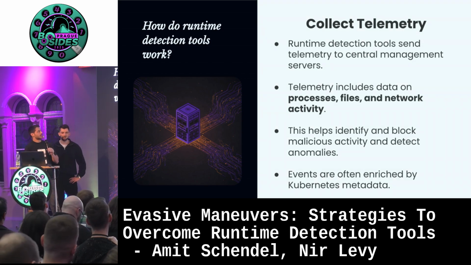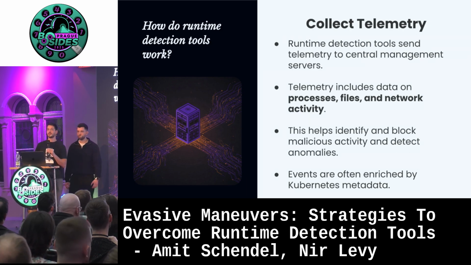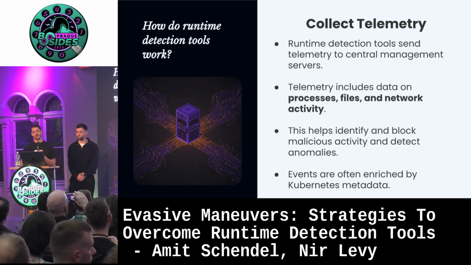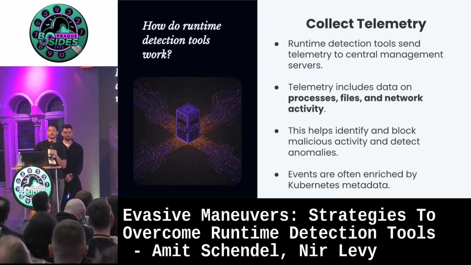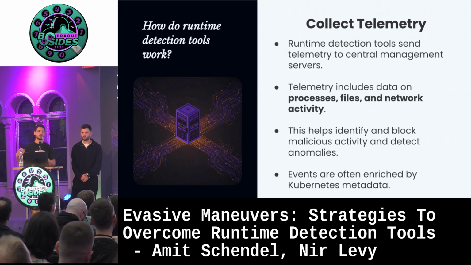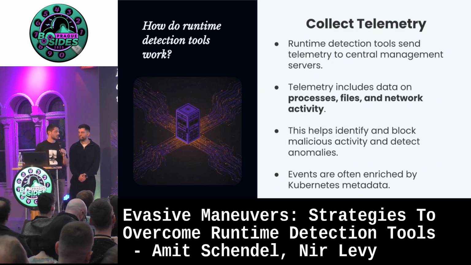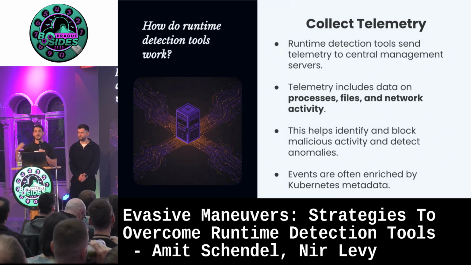So the first part is the telemetry collection, and we are going to focus today on runtime detection tools that are running on the host, mainly, not like API security and those sorts of things. The main telemetry being collected from the operating systems are things like processes, files, network activity, system calls, permissions, and especially, since today we are going to focus more on the cloud era of runtime detection, the events are also being enriched with the context where they are running.